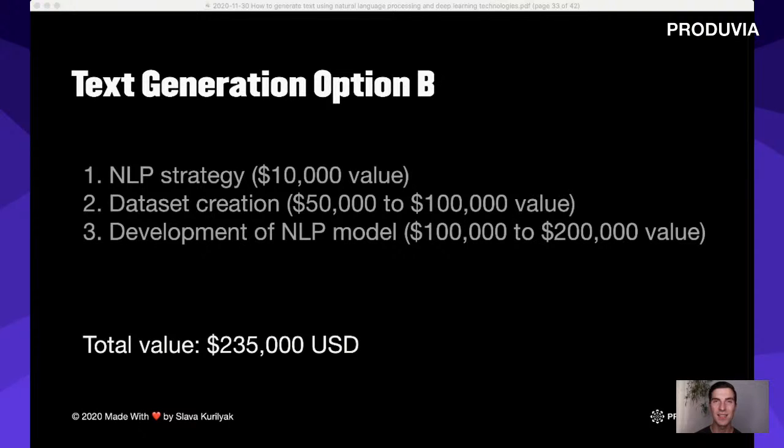Again, the goal is to generate revenue, decrease costs, and save your marketing team time. Option B is you receive a strategy, a data set, and the model that can do the work for you.